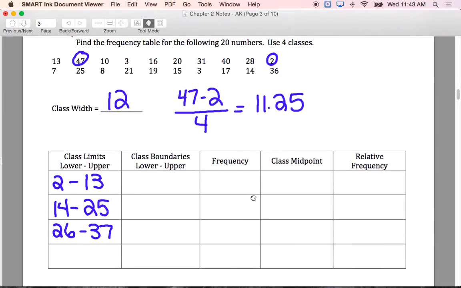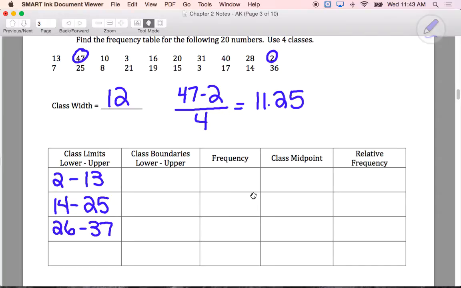Then my last row is going to be 38 to 49. Yes, I know 49 is not listed in my numbers, but all of your class widths have to be 12. You cannot stop early. Every single one of those ranges has to be from the number to 11 past that. Has to be 12 in that group.